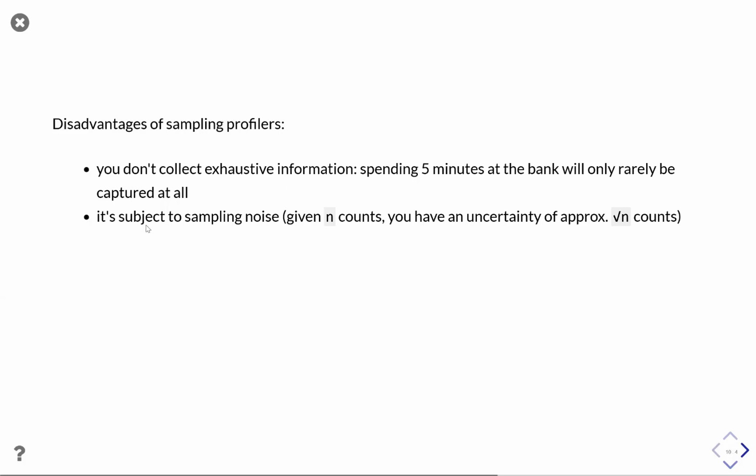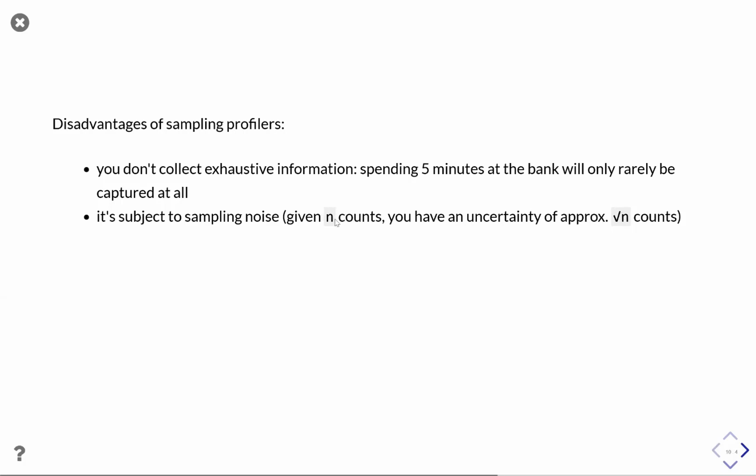Another related issue is, of course, that it is subject to sampling noise. Let's say your friend has texted you, gotten responses, that you were at work 100 times over the course of that month. What that means actually is that if you had repeated the experiment, you might get plus or minus 10 counts.